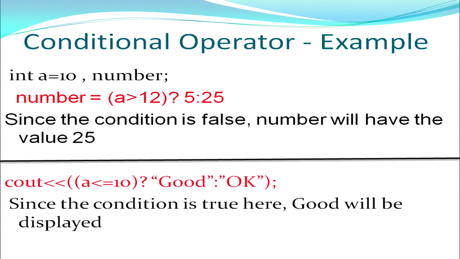In another example, good will be displayed if a is less than or equal to 10 and OK will be displayed if it is not less than or equal to 10. Now, here since the condition is true, good will be displayed. So, a conditional operator works on the condition. The output is given according to whether it is true or false.